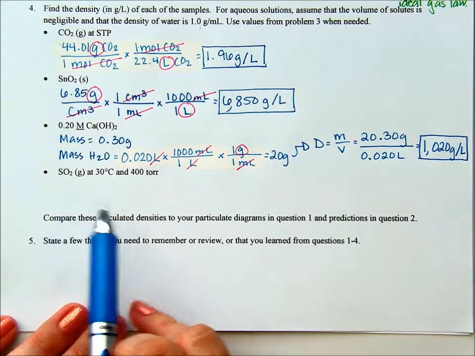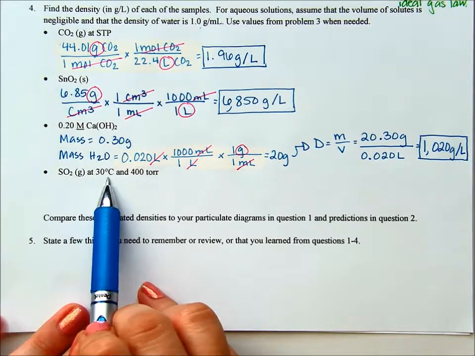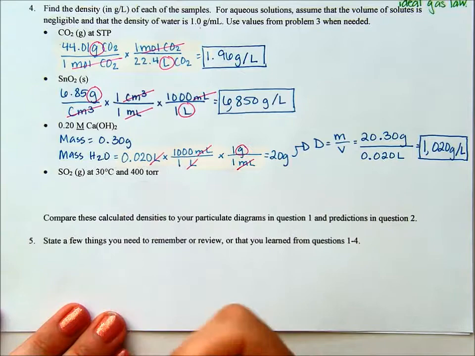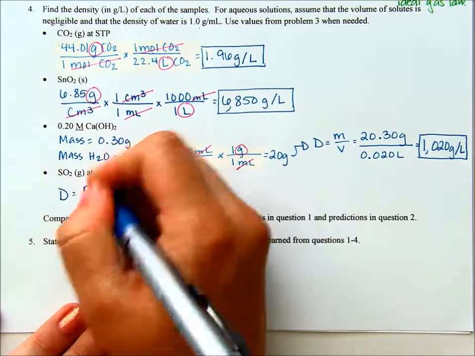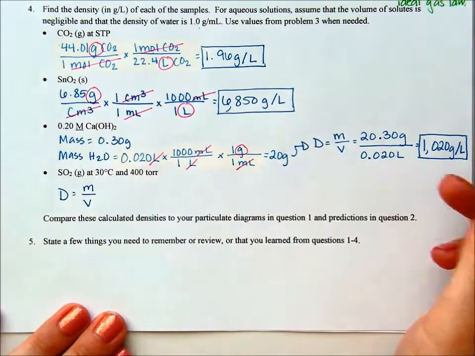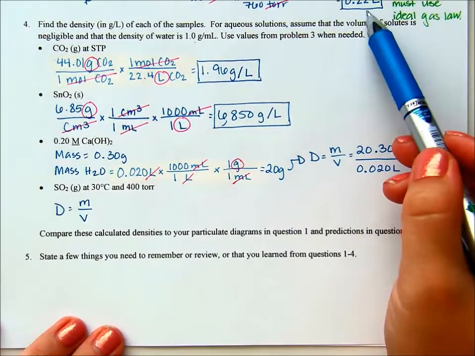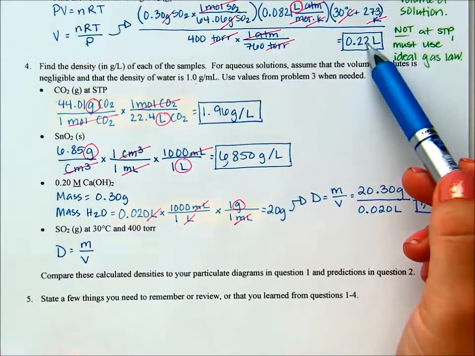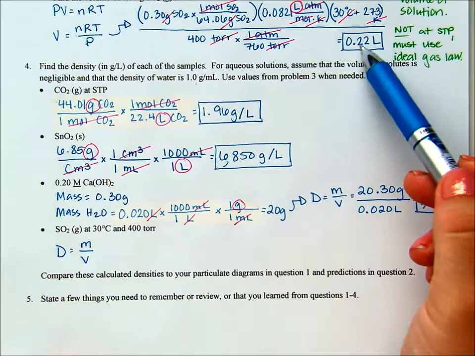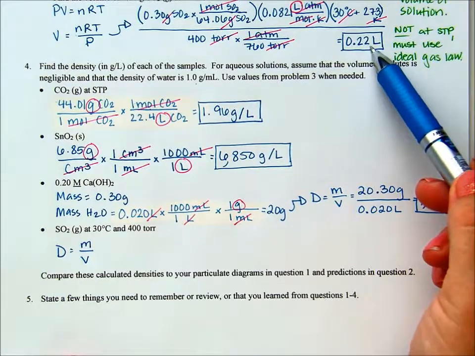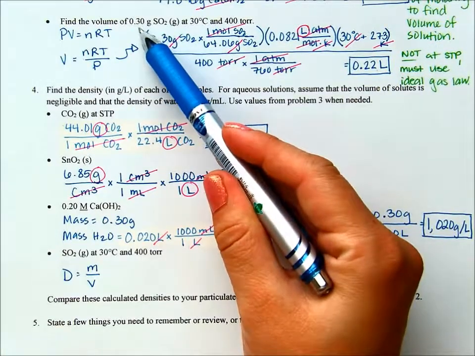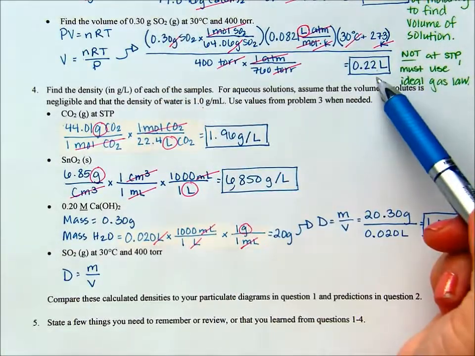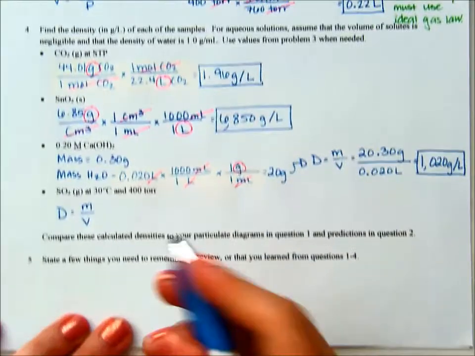Lastly, sulfur dioxide, gas at 30 degrees Celsius and 400 torr. Well, here, again, my density is going to be mass over volume. I already calculated my volume in the problem above, 0.22 liters. And I know that I have 0.30 grams of it also from the problem above. So I have grams, I have liters, all I need to do is divide.